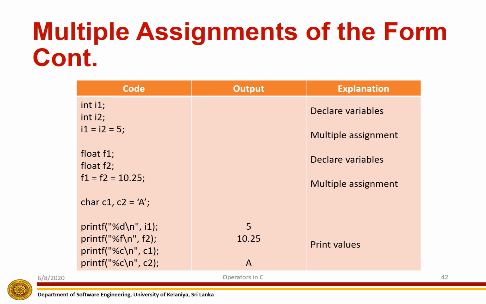Then for the char values I have declared char c1, c2 = 'A'. Here A will be assigned only to c2, not to c1. The char data type is applied to both c1 and c2, but A is assigned to c2. So you can see in the printf functions, i1 will print as 5, f2 will print as 10.25, but c1 is not printing, while c2 is printing as A.